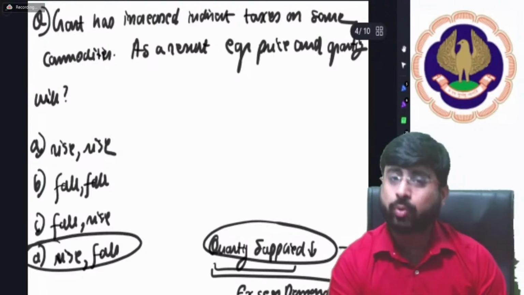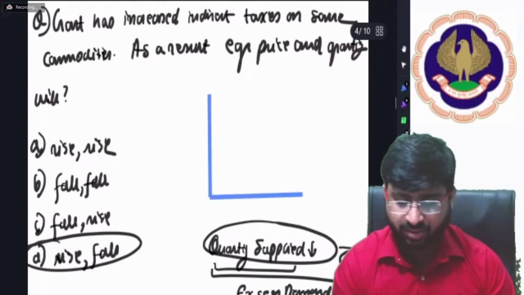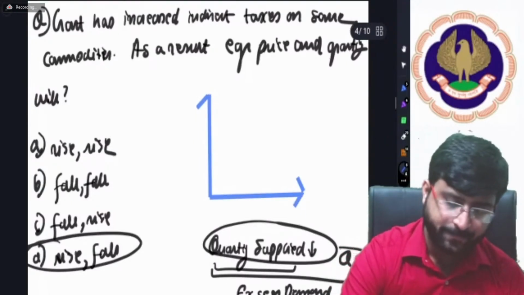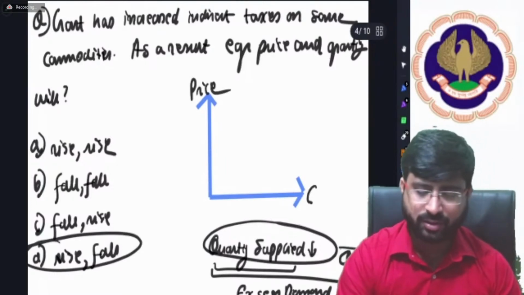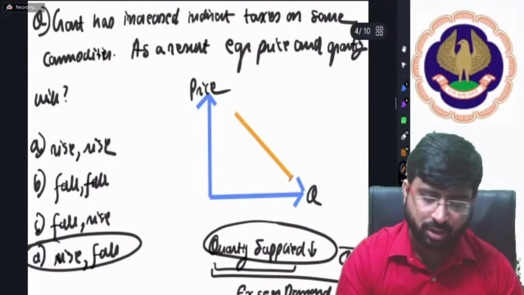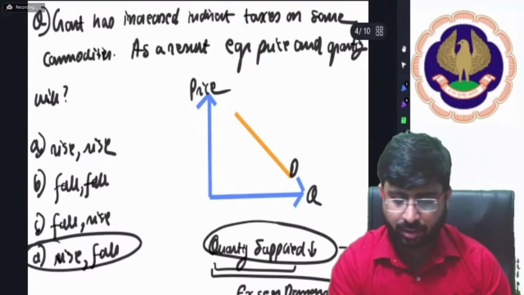If you want to see it via a graph, here is the graph for you all, friends. Yes, friends, pay attention. Have a look. If this is price, this is quantity. Let me give you the graph here. Economics is nothing without graphs, friends. So here it is demand.